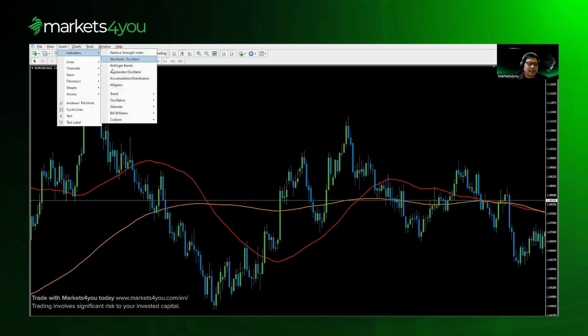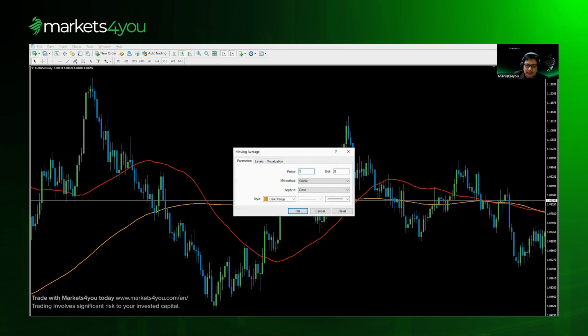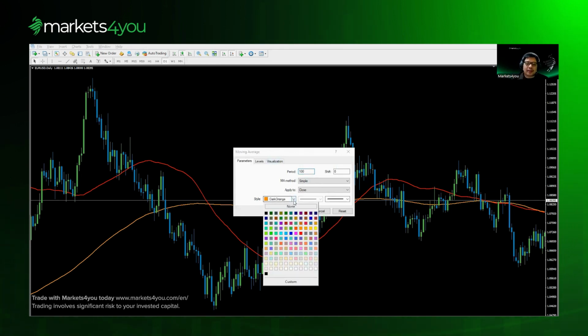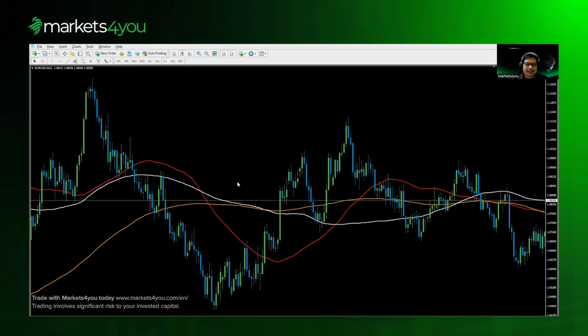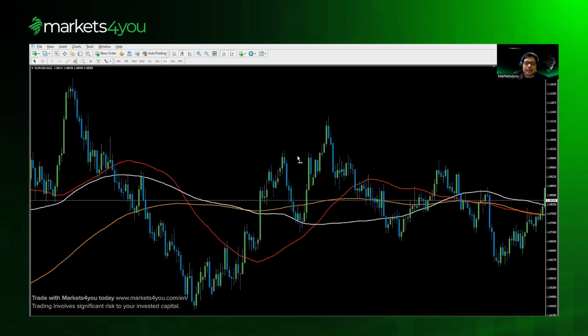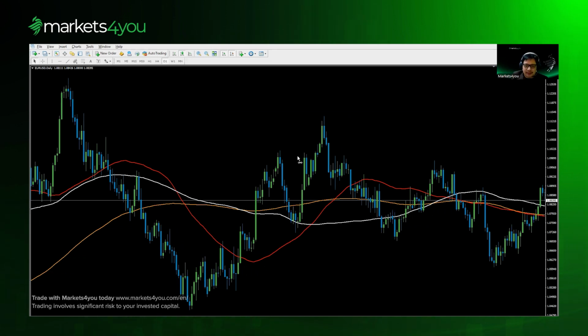Insert indicators, trend, and moving average, and then we can choose 100 here. I'm going to choose a color different from blue, green as my candle, and different from red and orange. So I'm going to use white. Now, white is the medium term moving average.